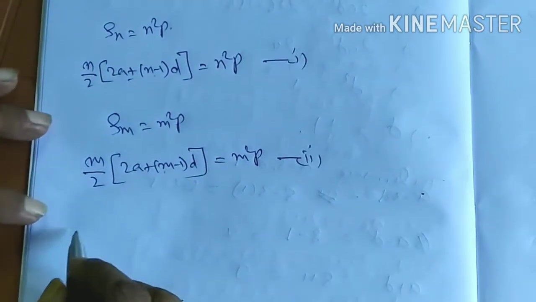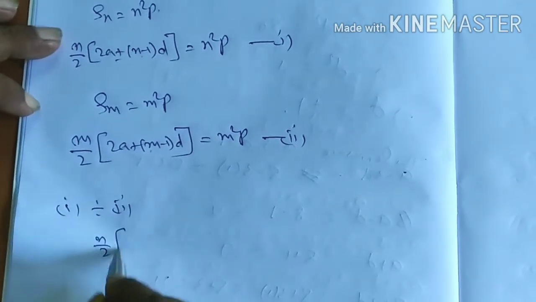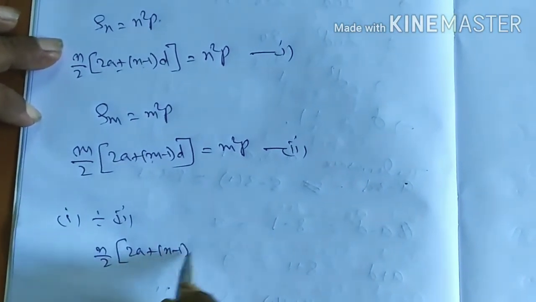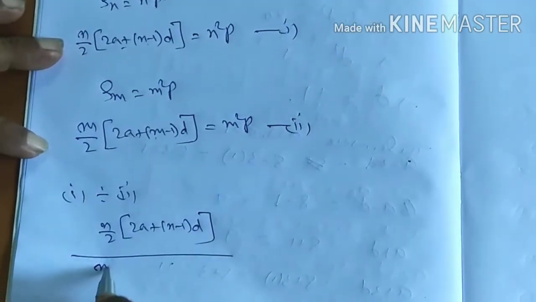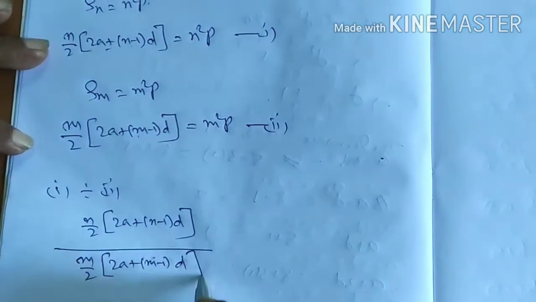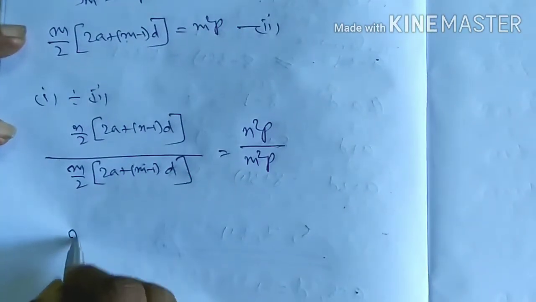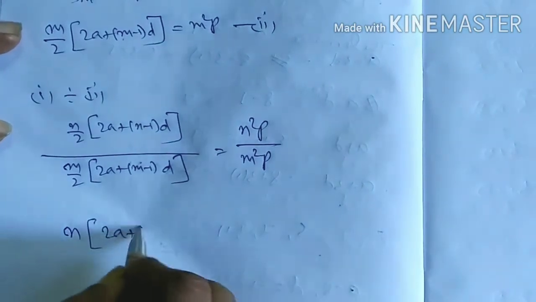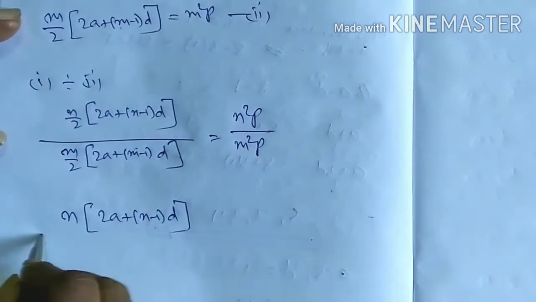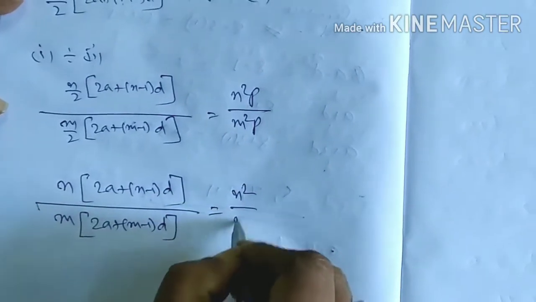Now dividing 1 by 2, I will get n by 2, 2a plus n minus 1 d, by m by 2, 2a plus m minus 1 d. This comes out to be n square p by m square p. P cancels out. Here 2 cancels out. Now n by 2a plus n minus 1 d, by m, 2a plus m minus 1 d, equals n square by m square.